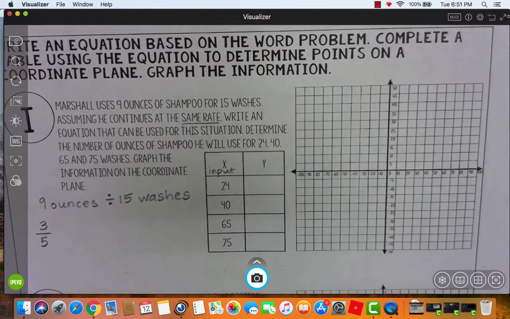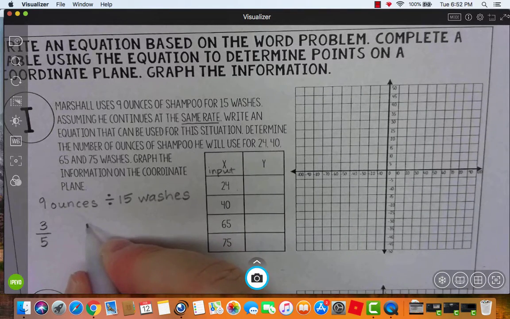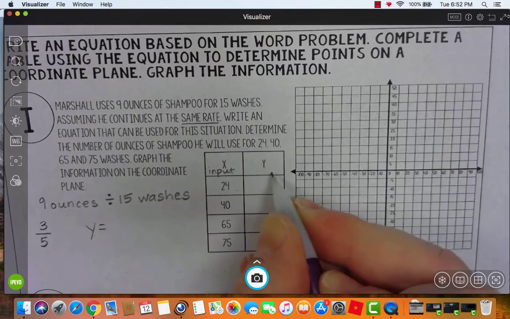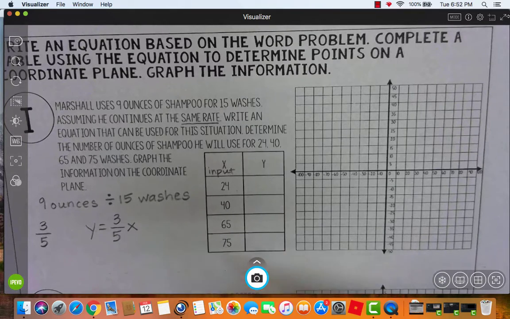So now I have 3/5, but I got to figure out how much in 24 washes. So basically, you're going to say y equals, because we don't know what our output is, 3/5 x.